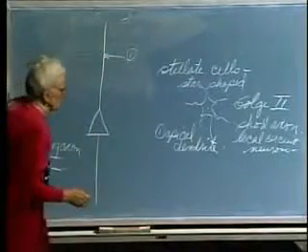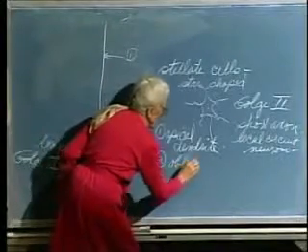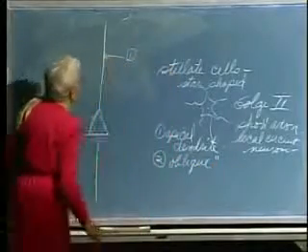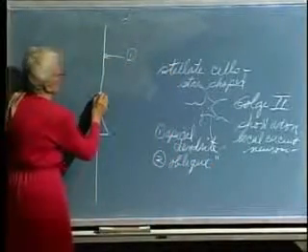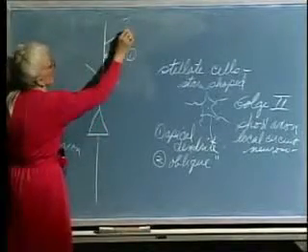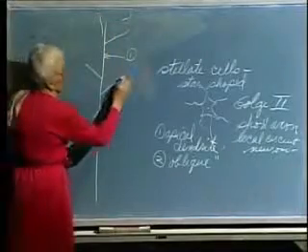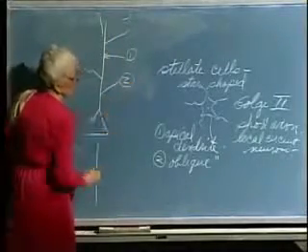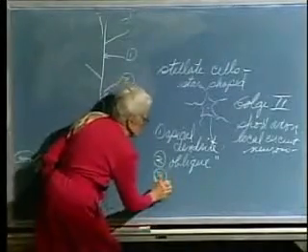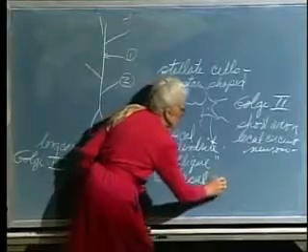Coming from the apical dendrite, we'll have oblique dendrites. And these will be coming off obliquely from the apical. Somewhat like this, so we'll just put 2 for our oblique dendrites. And 3 then are the basal dendrites.